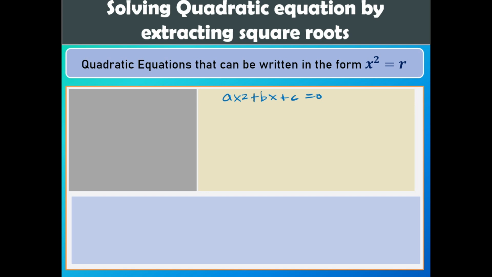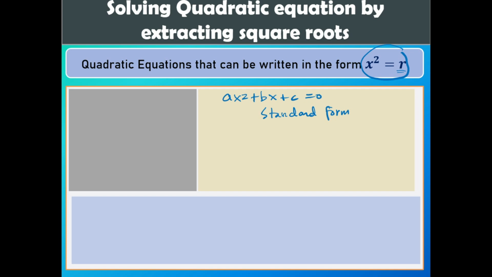Ito yung standard form, right? Now, kailan tayo gagamit ng extracting square root? So, gagamit lang tayo ng extracting square root pag yung form niya is x squared equals r. So, ibig sabihin, yung left side natin, x squared lang yung matitira. Tapos, we have a number here sa left side na r.